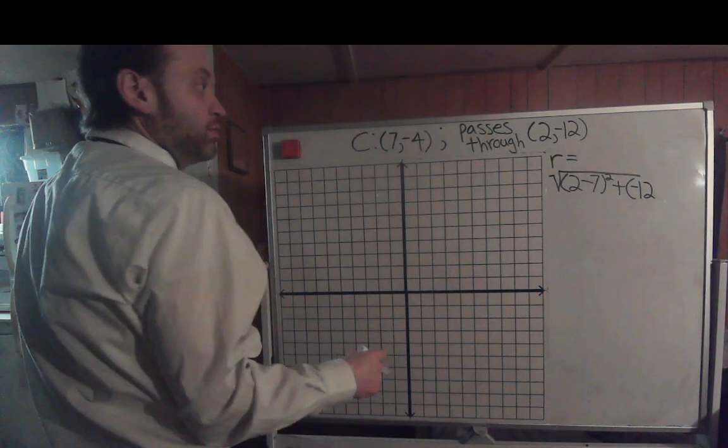That would be to the second power, plus your y2 coordinate of -12 minus your y1 of -4. Well, -12 minus -4 turns into -12 plus 4 squared.